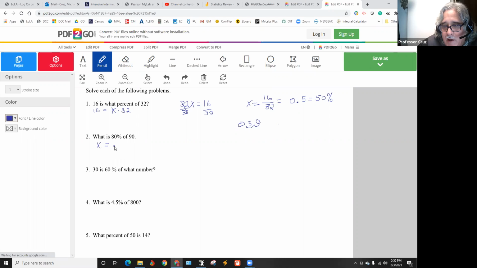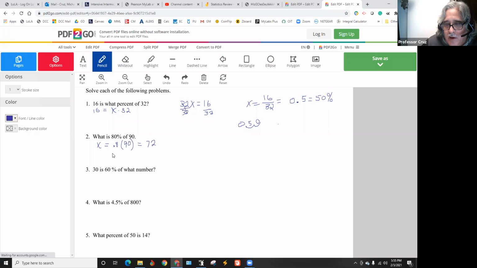So it's 0.8. You can put 0.80 if you wanted to. It doesn't matter about zeros on either side. It's 0.8 times 90. And I believe this was like the first one that we looked at. And that means 72. It's a one-step thing, no dividing.